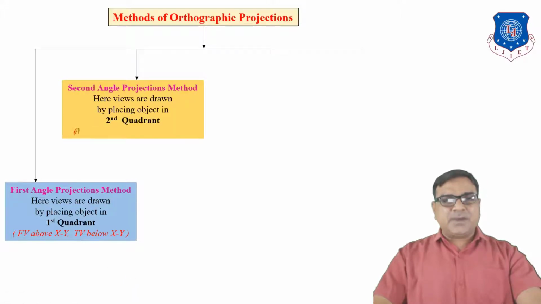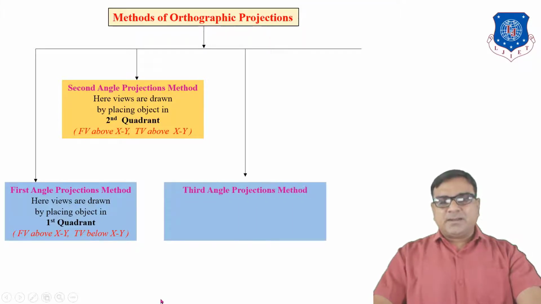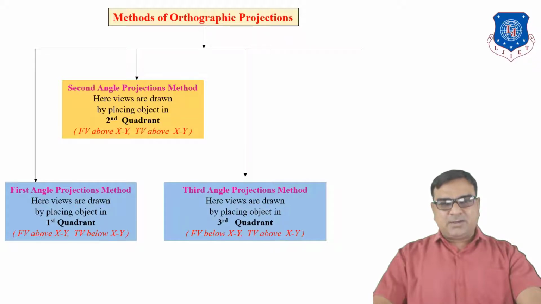Second angle projection method: here the views are drawn by placing the object in the second quadrant. The front view is always above XY, and the top view is also above XY. Third angle projection method: here the views are drawn by placing the object in the third quadrant.